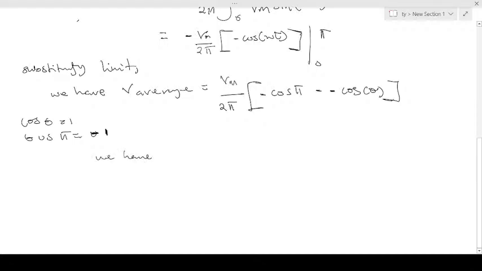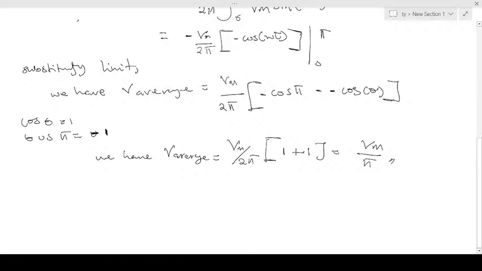So V average is equal to Vm over 2 pi. Obviously, negative of negative is positive, so 1 plus 1 is 2. The 2's cancel out and we end up getting Vm over pi.